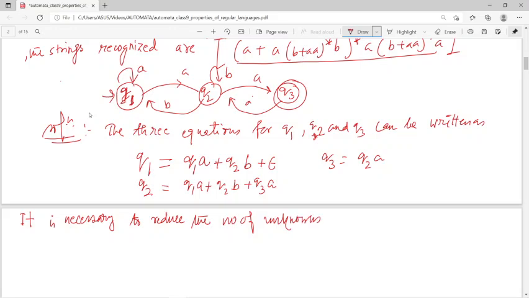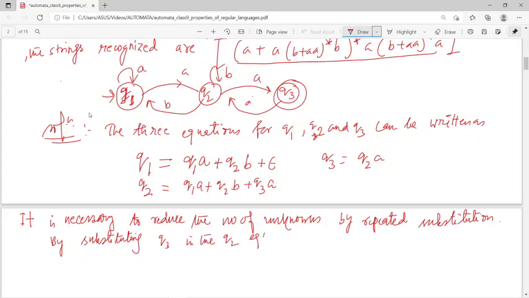by repeated substitution, by repeated substitution, and by substituting this Q3 in the Q2 equation, and we apply this particular result Q plus RP equals QP star.